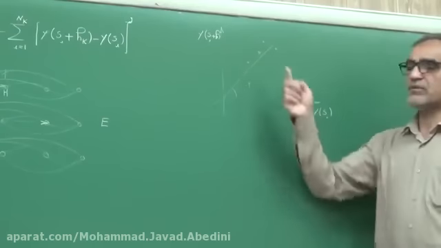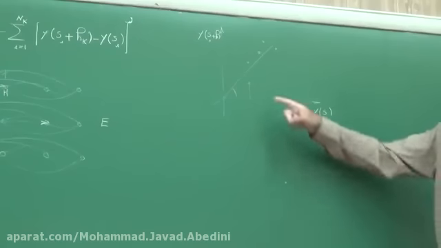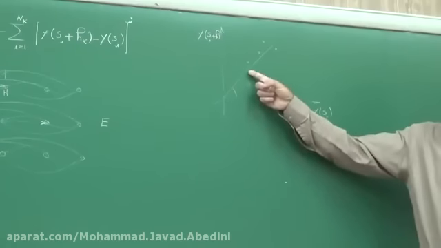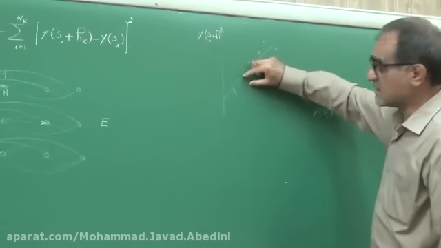Assume that each data point here is a weight, and then try to multiply each weight by the square of this distance.